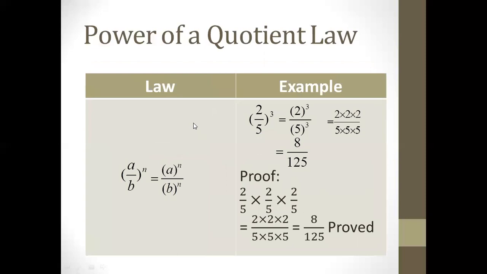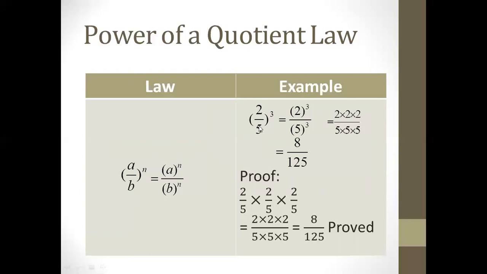Next and the last for this part 1 is the power of a quotient law. As you can see, we have a quotient raised to a power. Then in this situation, you have to distribute this power to both the numerator and denominator of the quotient, right? Let's understand with an example.